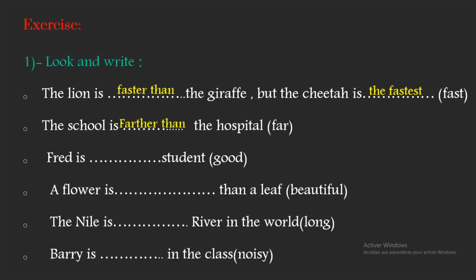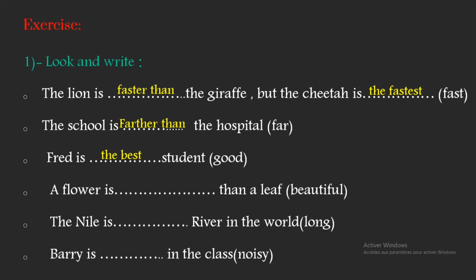For the third sentence, Fred is student, and the adjective is good. Here we compare Fred with the other students, so we'll use the superlative. And good, it's an irregular adjective, so the answer will be, Fred is the best student.